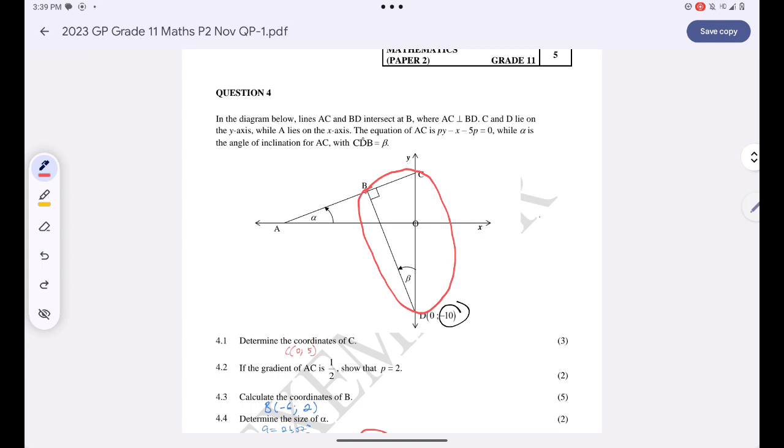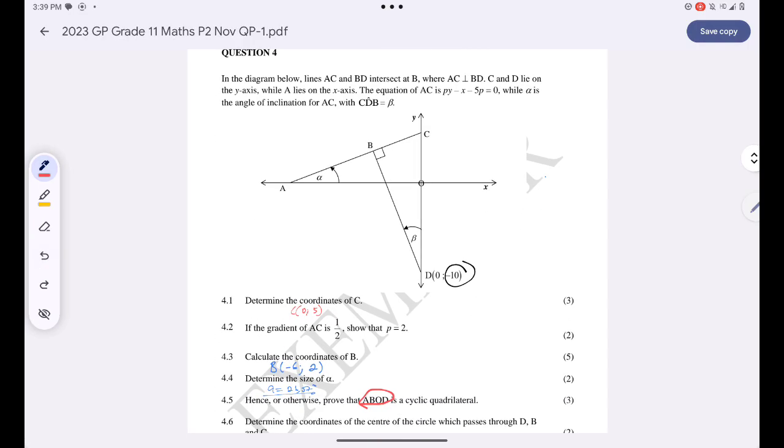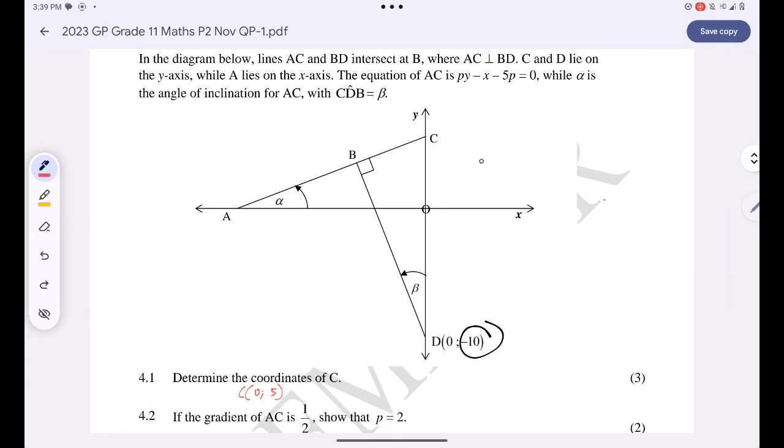Why am I saying that? Because line DC subtends an angle of 90 degrees at the circumference. Are you together? So if I can find the midpoint of line DC, I will therefore find the coordinates of my center. So I'll call my midpoint M. I'll simply say X value at C plus the X value at D all over 2, and then the Y value at C plus the Y value at D all over 2.